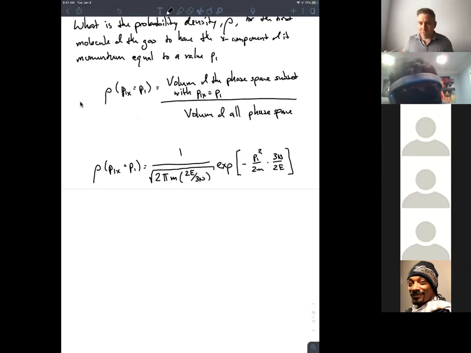Before we move on to something new, I want to point one more thing out about this answer. As we showed, this answer looks like a Gaussian.